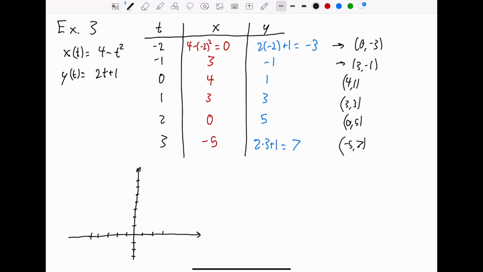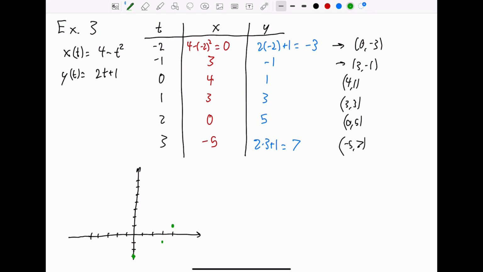So we'll just get a rough sketch of the curve. The first point is (0, -3). So 0 in the x direction, -3 in the y direction. We have this point. Then (3, -1), that's right here. Then we have (4, 1). We need one more tick mark for the x. (4, 1), that's right here.